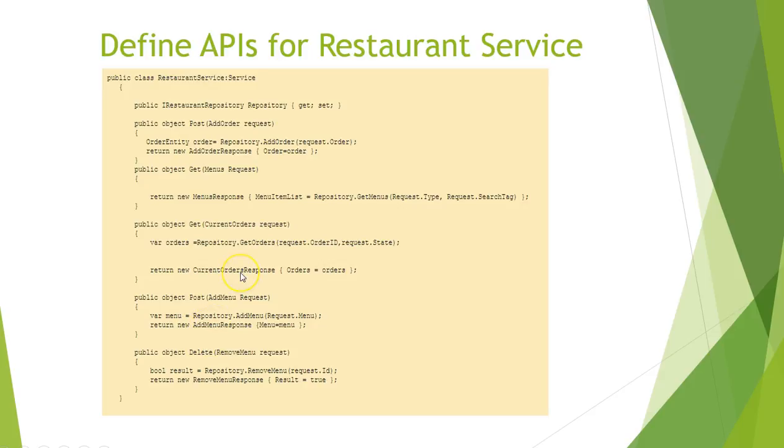Now in our case, we have one get request to get our list of menu based on our search criteria. Another is to post the order once we have selected our menu.